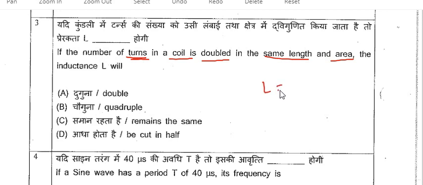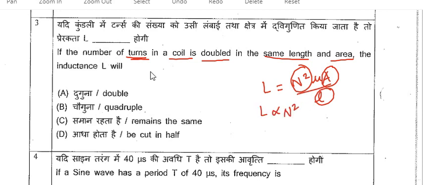So we know that L is equal to N squared mu A by l, where N is the number of turns, A is the area, and l is the length. Here L is directly proportional to N squared. The area is the same and the length is also the same. Anyhow, mu is a constant, so there is no change in this.